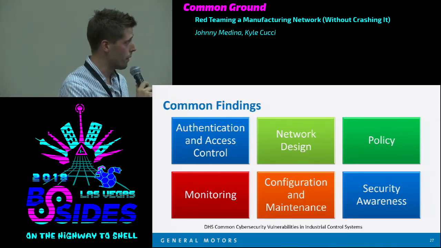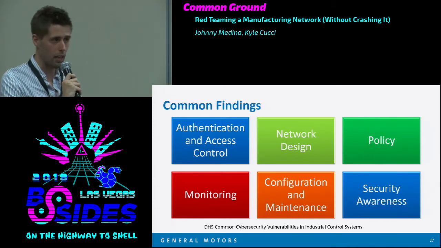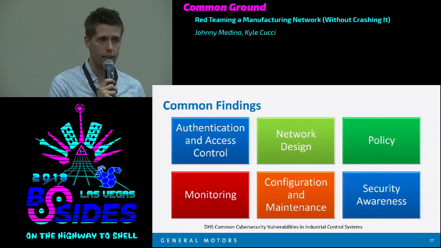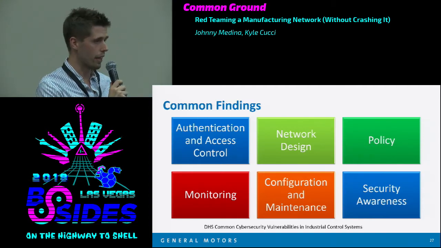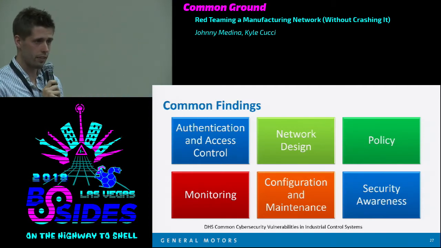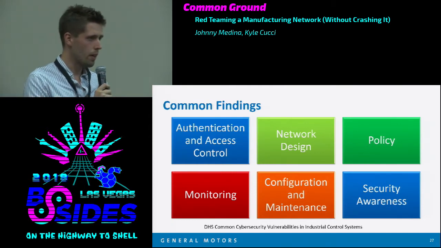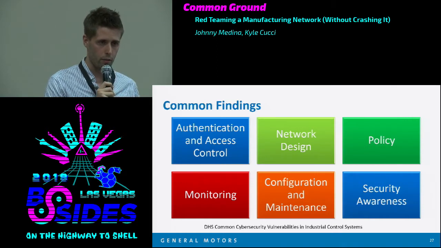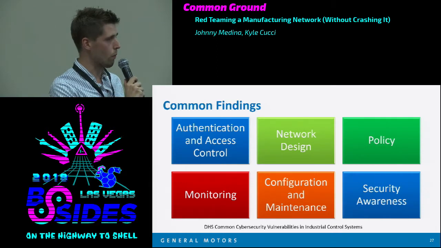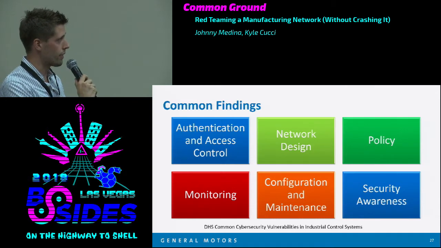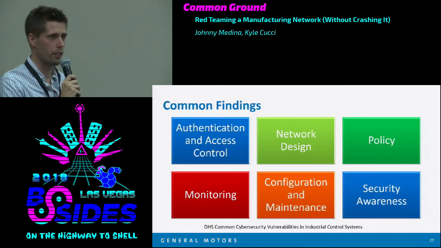We could intercept communications and see clear text passwords, clear text commands, things like this. We were able to replay attacks very easily with no authentication needed. And of course, access control. A lot of default credentials were in place. For example, on the VPN appliance, two-factor wasn't enabled. Just some things that we would consider basic in IT security are not necessarily enabled on the manufacturing network.